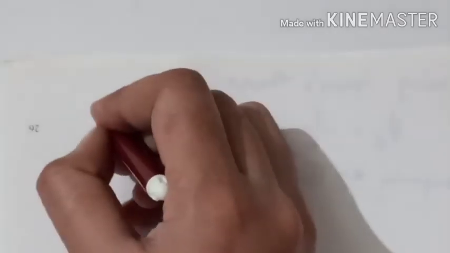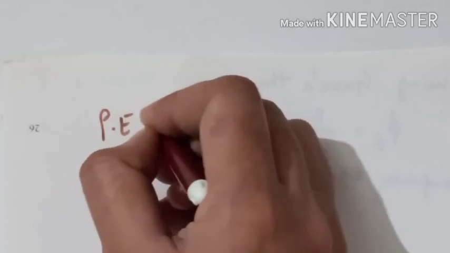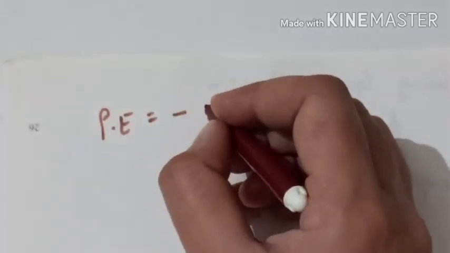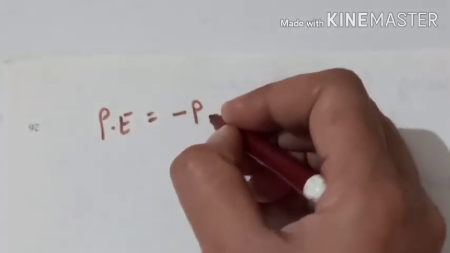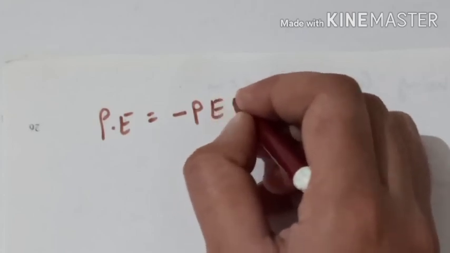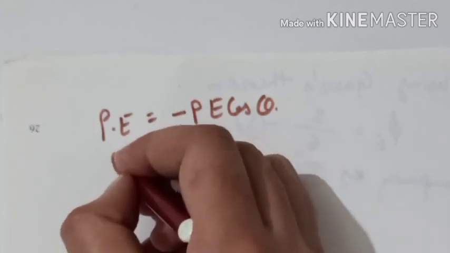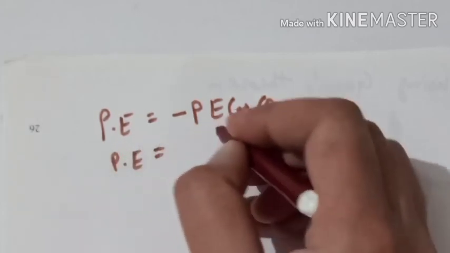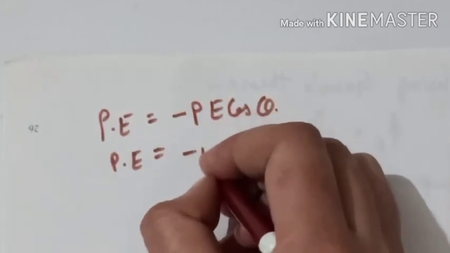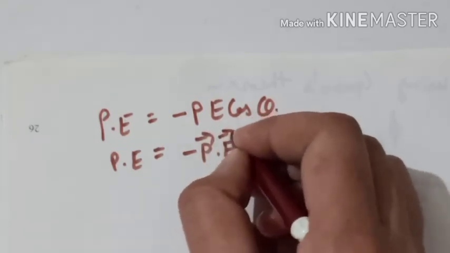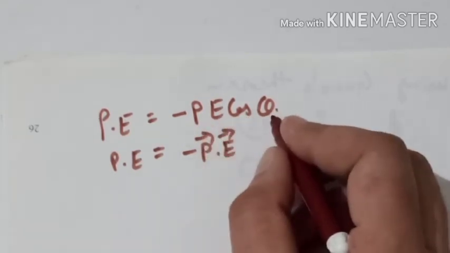So the potential energy is equal to minus q into 2a, which is P, the dipole moment, P E cos theta. We can write it in the form of a dot product, because A dot B is equal to AB cos theta.